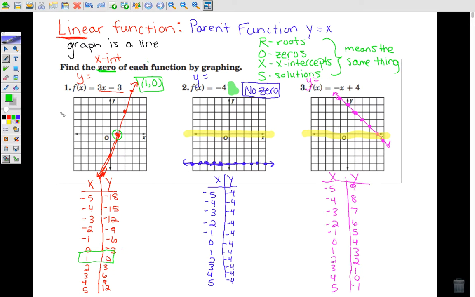So if you notice, the point where it crossed the x-axis is right here. And if you count, that's at 1, 2, 3, 4. So if I look at my table right here, here's my 4, 0. So there's my 0. That's my x-intercept. So my answer here is just 4, 0.